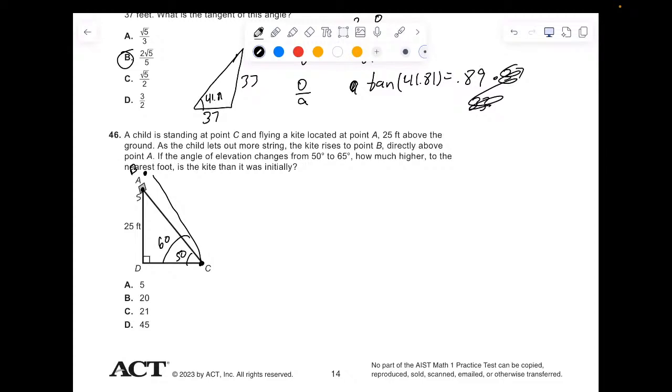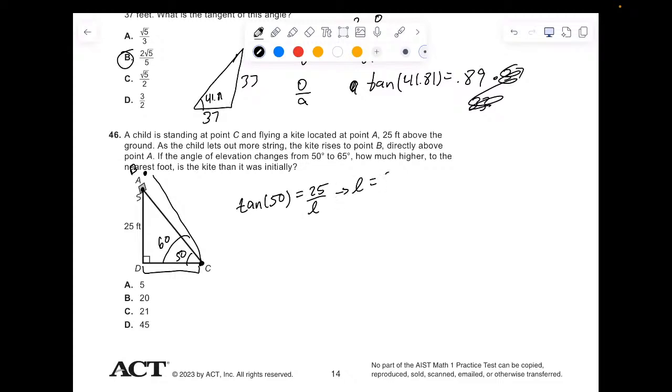Okay, so we want to find this angle right here, or this length. So we can do tangent 50 degrees is equal to 25 over that length.